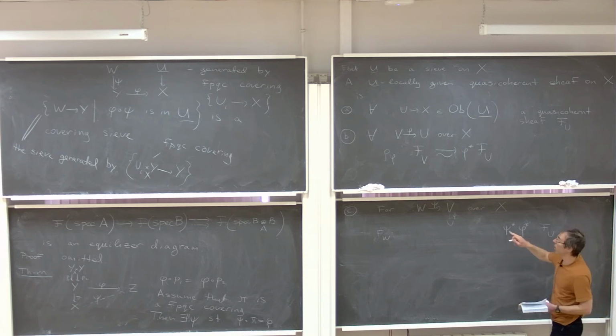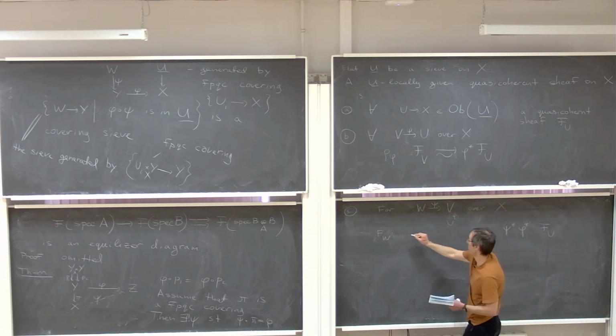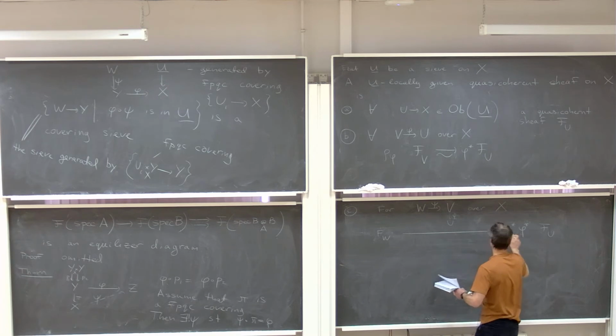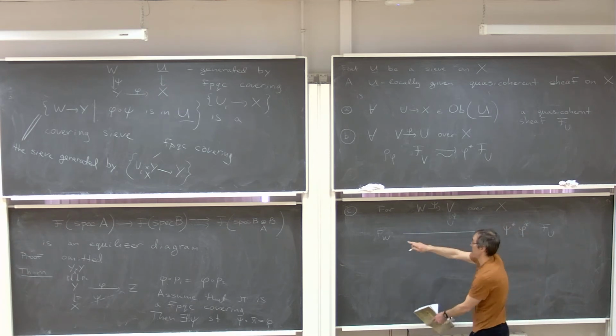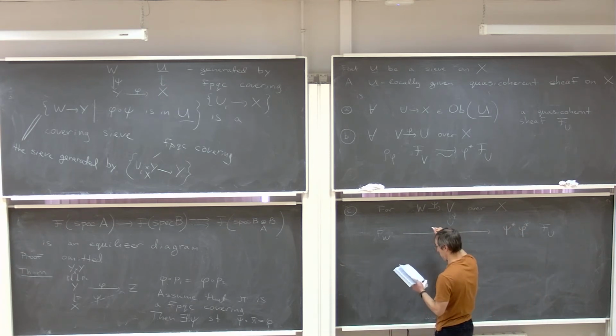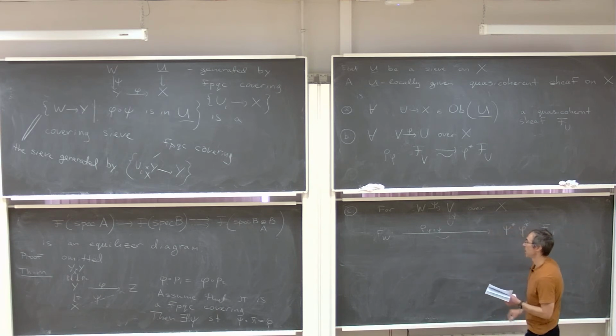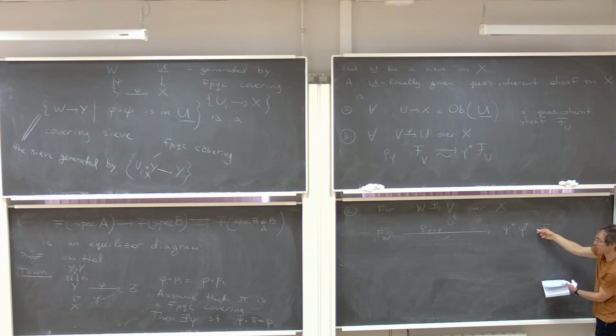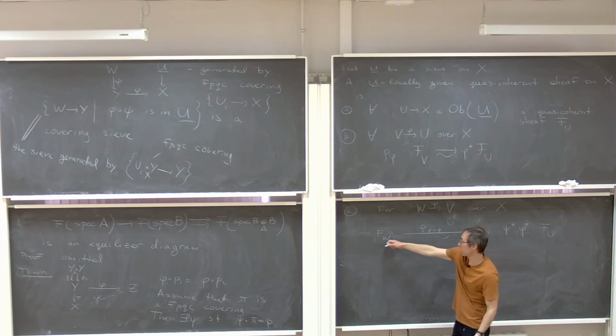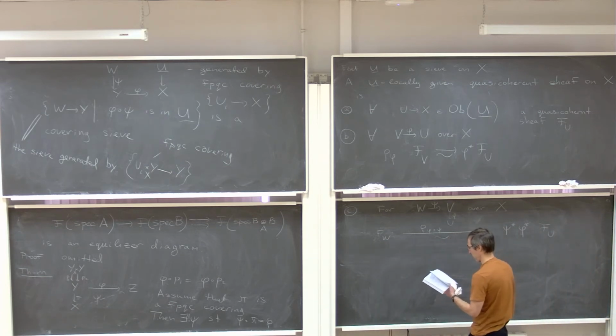So by the data, we have an isomorphism between the pullback and this guy. It's given by rho of phi composed with psi. So this is an isomorphism.